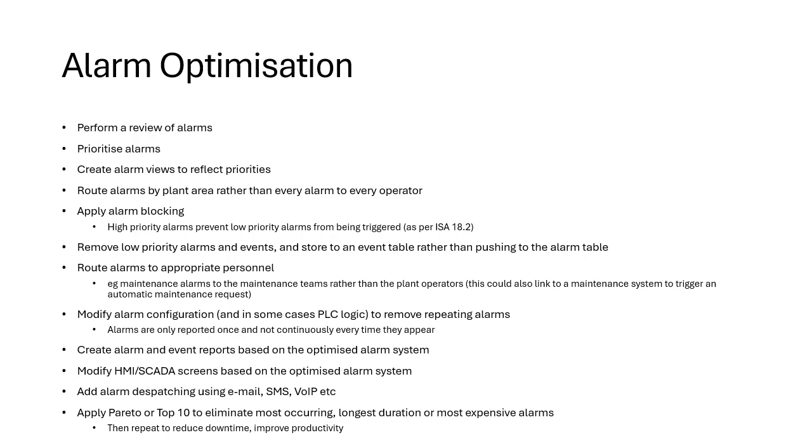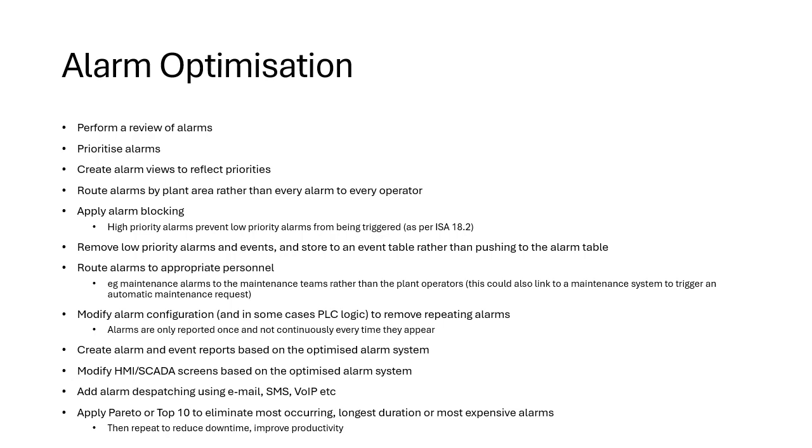Another thing you could do is apply alarm blocking. This is where you have high priority alarms which prevent low priority alarms from being triggered. This is a common issue I see. One alarm is generated and it causes a flood of alarms because that one event is also causing other events.